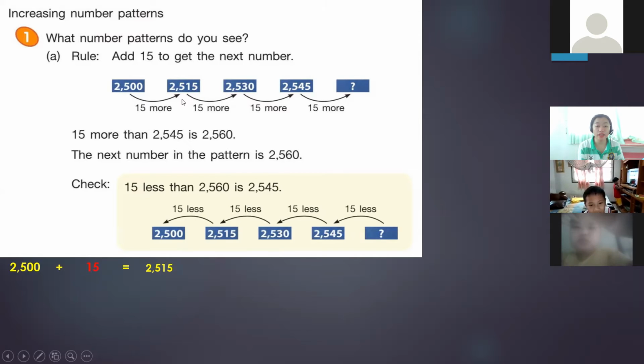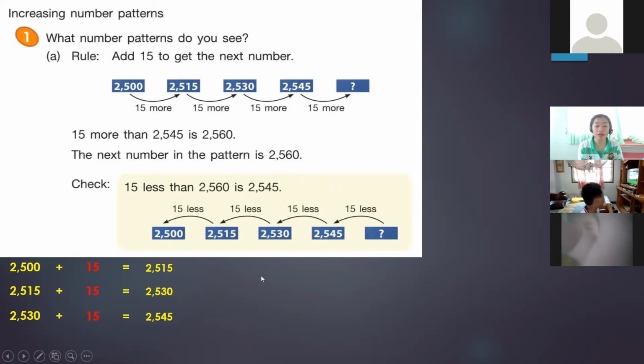And the next one, 2,515 plus 15 is equal to 2,530. And 2,530 plus 15 is equal to 2,545. So what is the missing number?